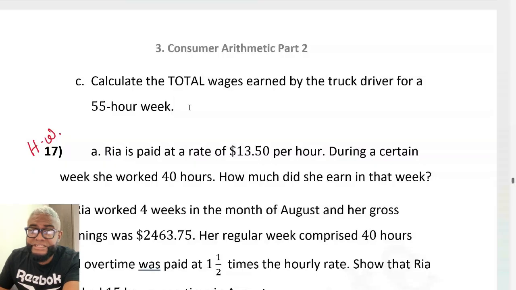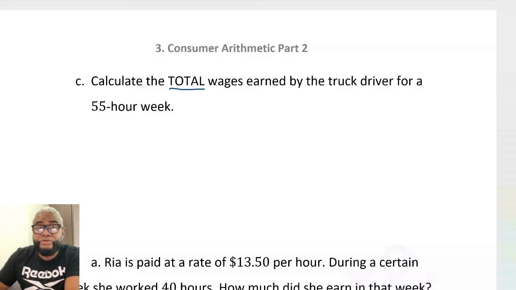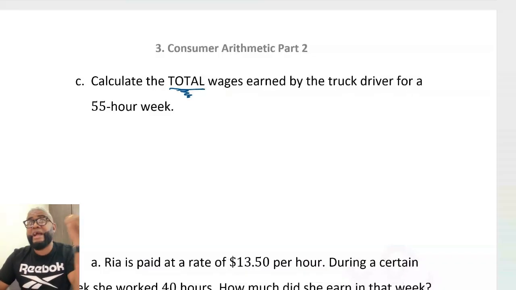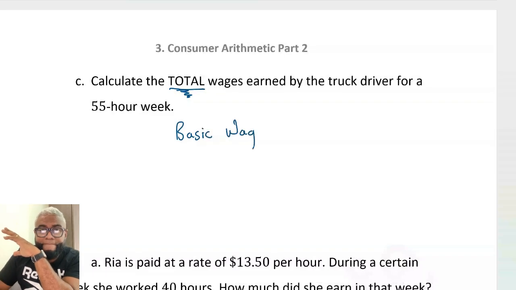Calculate the total wages earned by a truck driver for a 55-hour week. You see they highlight the word total, right? Remember just now, I thought the question we were doing was total, but it just asked the overtime wage. So I'll put what the basic wage was. What was the basic wage? 560, right? So we know we had to add this. Everybody agrees?